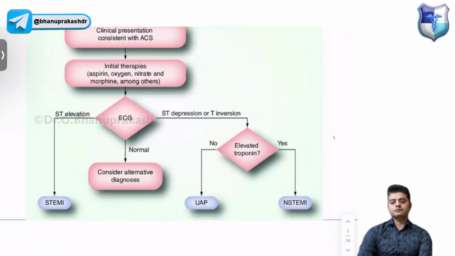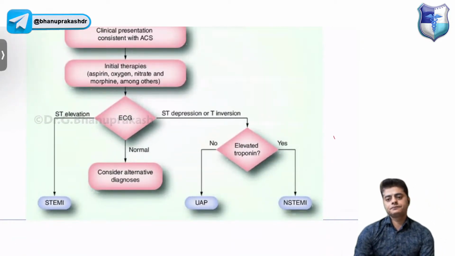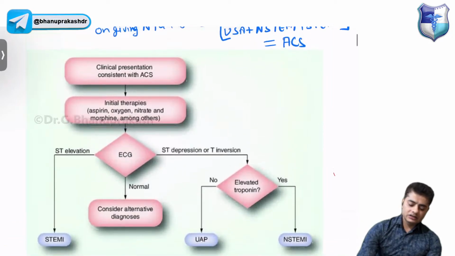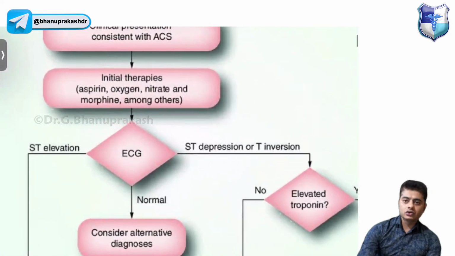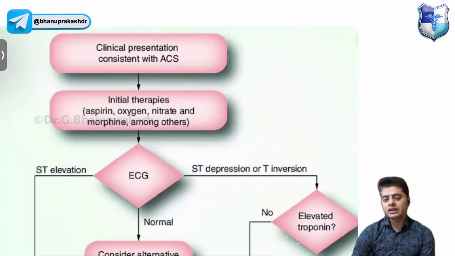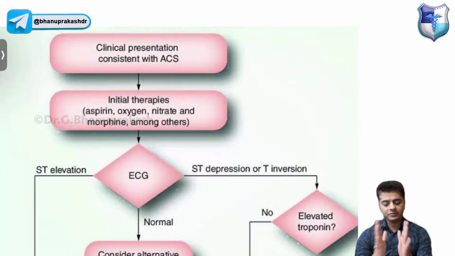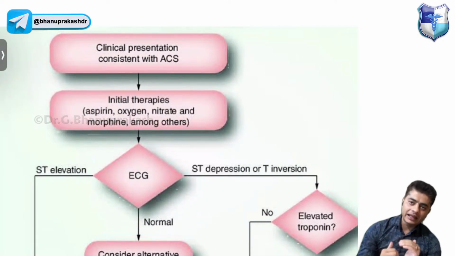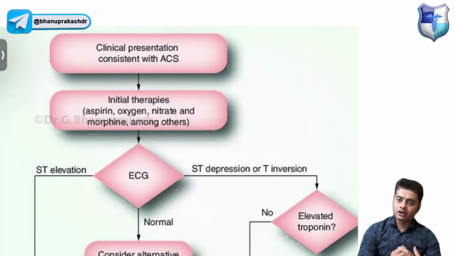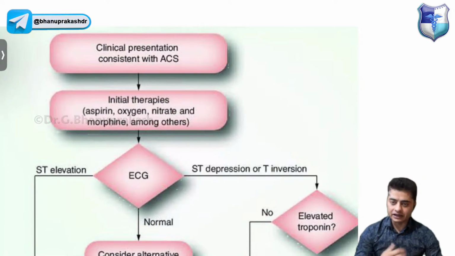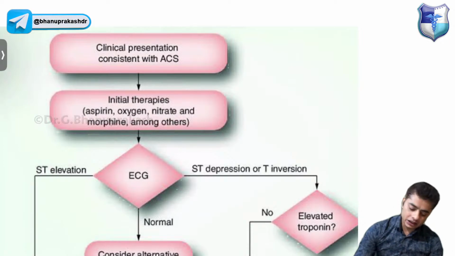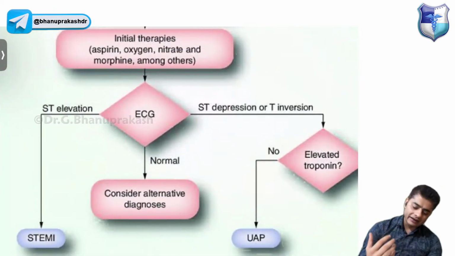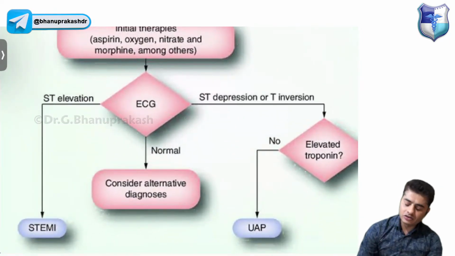Now you are seeing this image, na? So, the patient clinically presents with acute coronary syndrome. Now, the patient is having pain like myocardial ischemic kind of pain. That is tightening, squeezing pain, like someone is sitting and squeezing your chest like anything. So, you give him nitrate. The pain is not relieved on nitrate.